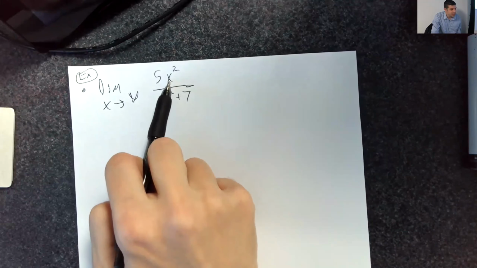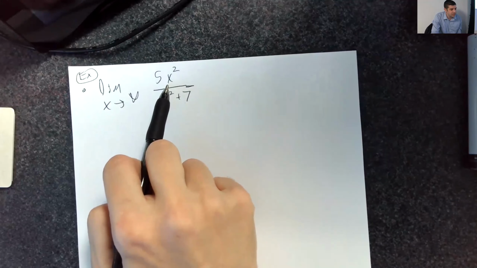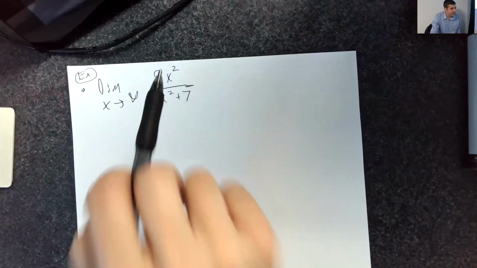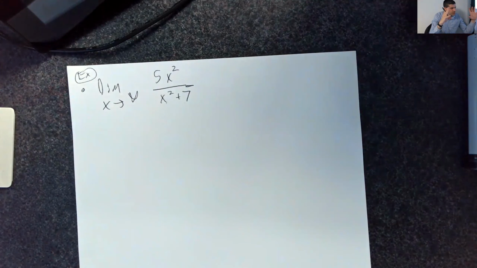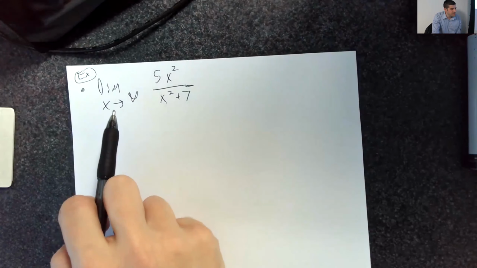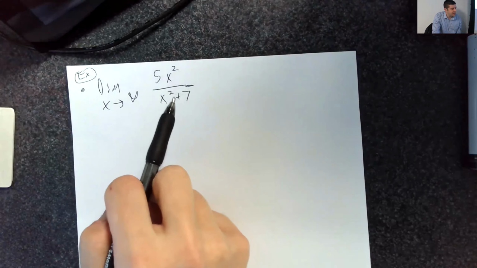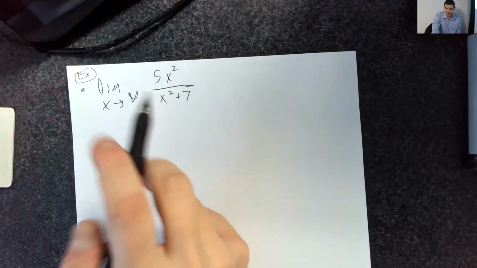And in the numerator, it's 5x squared. So if we ignore the 7 and think of the biggest part of the numerator, 5x squared, and the biggest thing in the denominator, x squared, what would we have left? 5x squared over x squared is 5. So intuitively, when we're plugging in big numbers, this behaves like 5. Y values are behaving like 5.